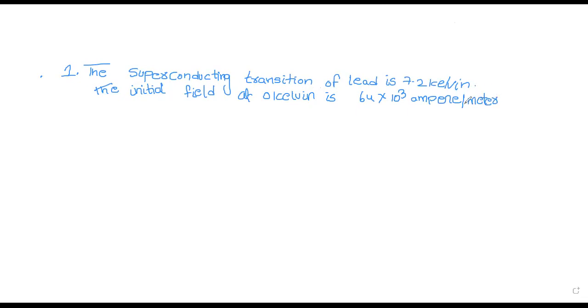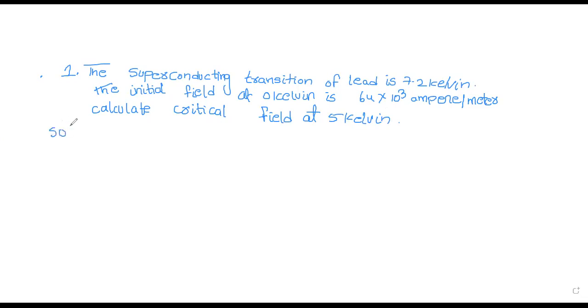This type of question will be given. Then, calculate the critical field at 5 Kelvin. This will be the question in the examination.